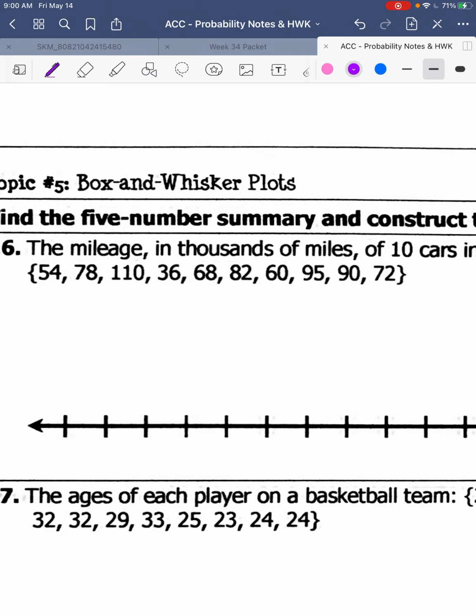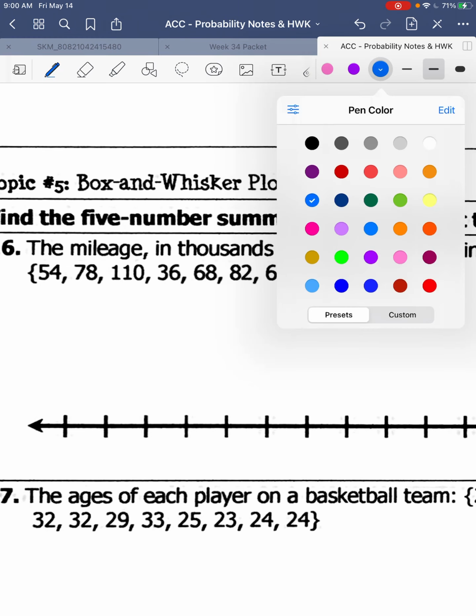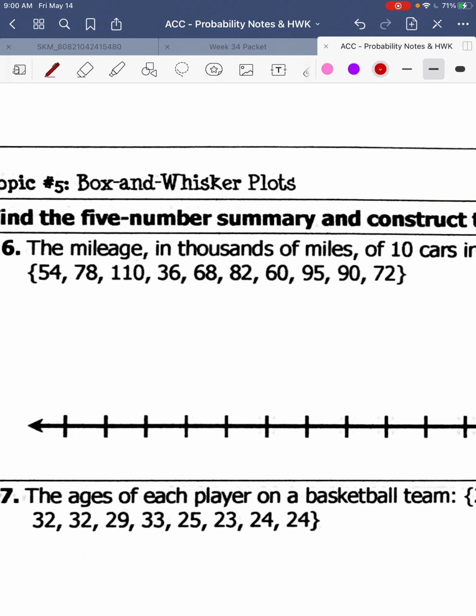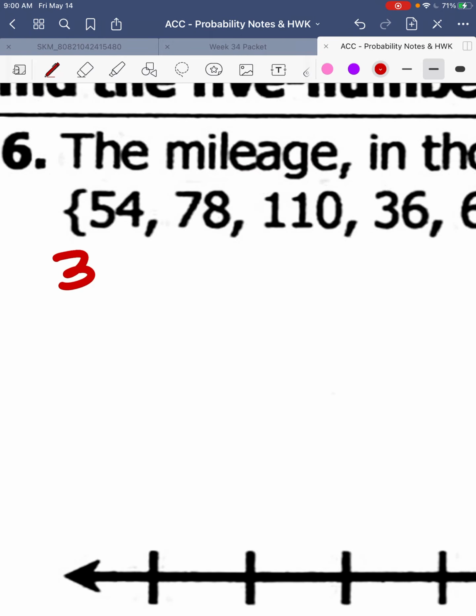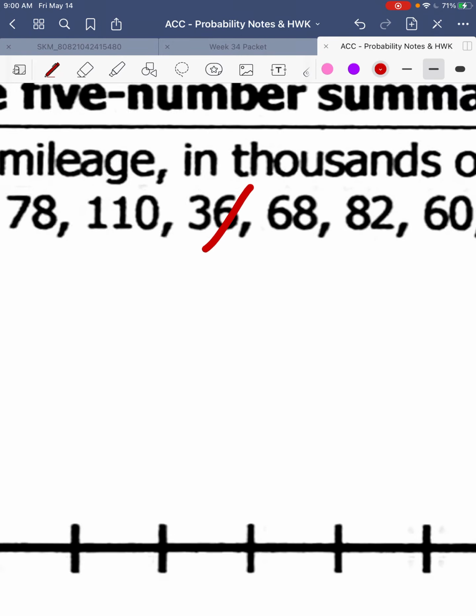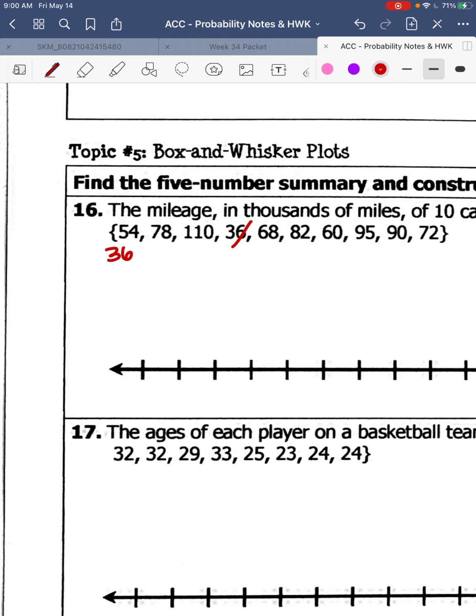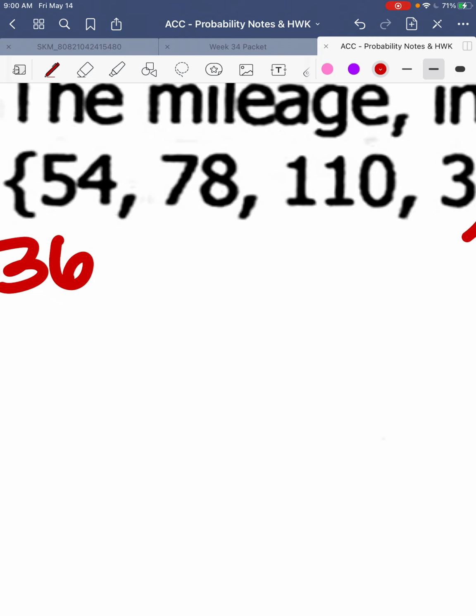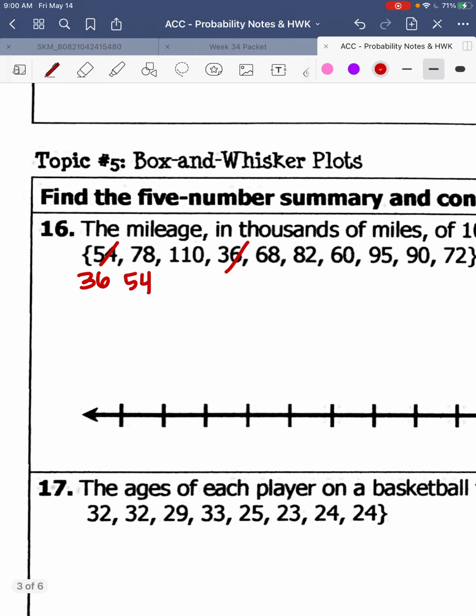My first step is to put them in numerical order. So let's start with our smallest number. I see a 36, and that is our smallest number. And the next smallest number I see is 54. After that, I see a 60.